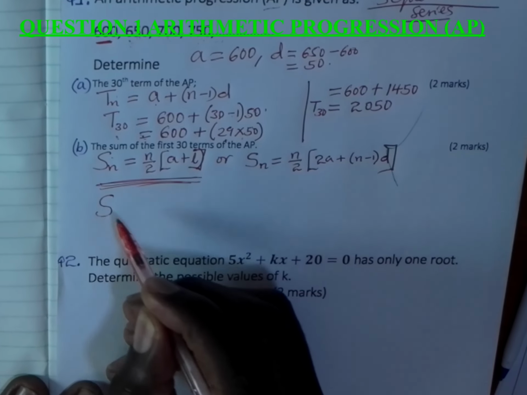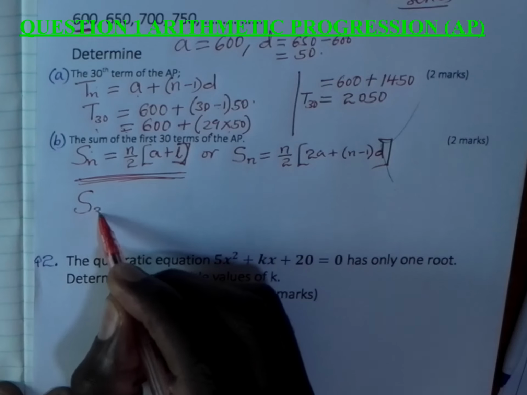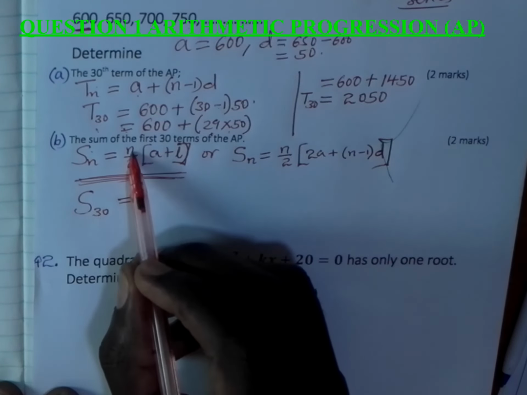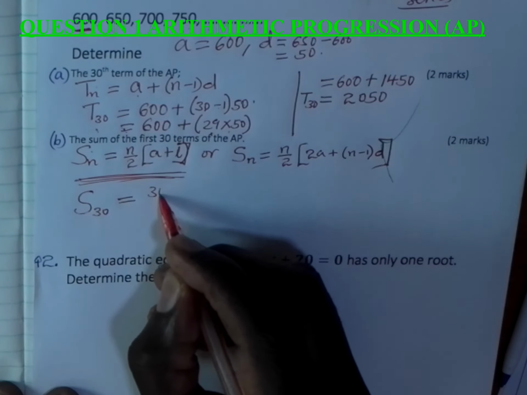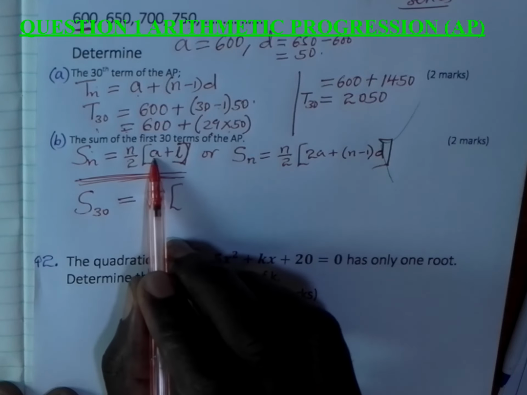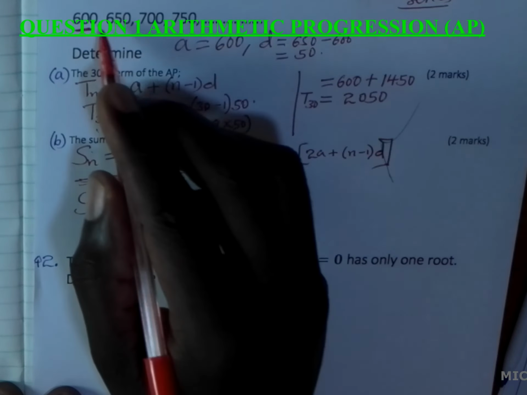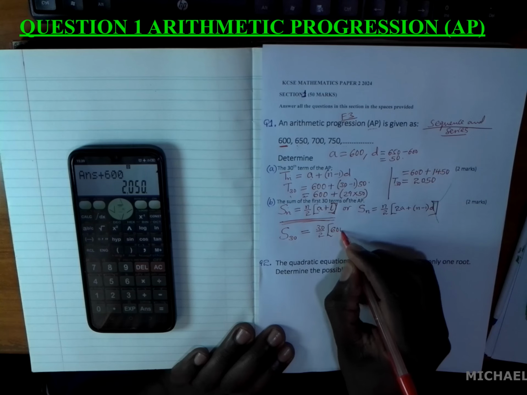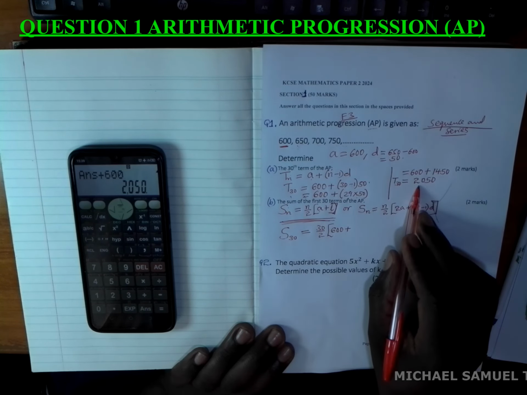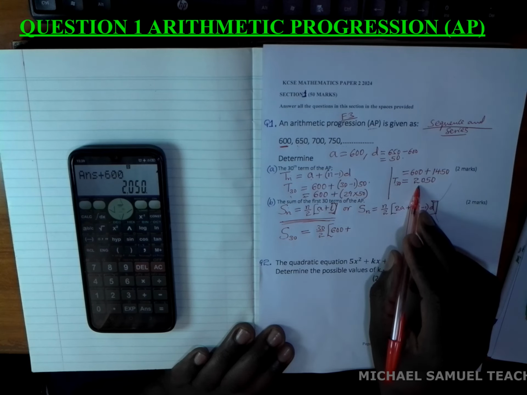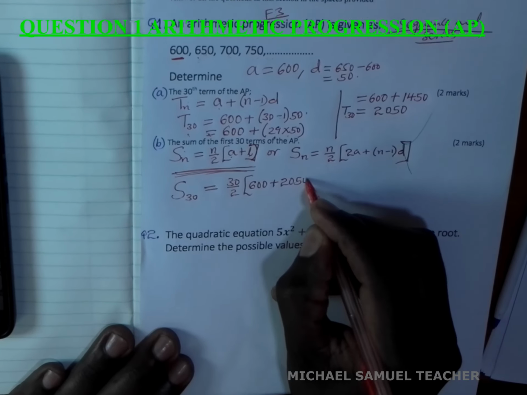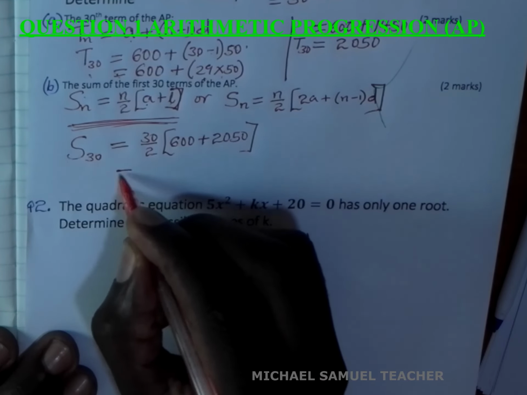So the sum of the first 30 terms is given by n over 2, n is 30, 30 over 2, then open the bracket, we have A is 600, then plus the last term, which we found in the first part of this question, that is 2050, then close the bracket.